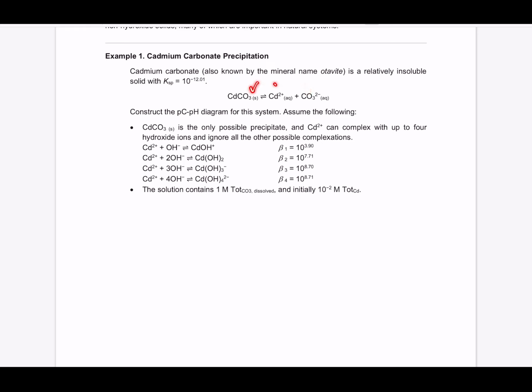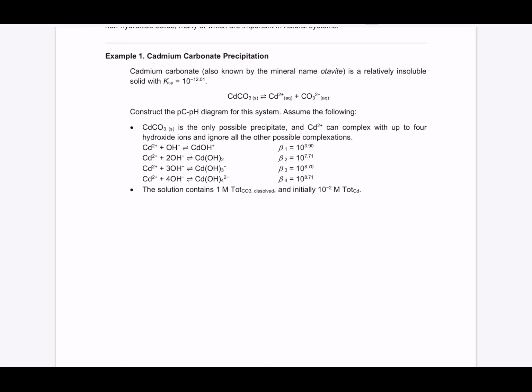So if this is the salt, these are the aqueous species. We want to construct the pC-pH diagram, considering these potential reactions for cadmium in the environmental system. I know this is not all the reactions that cadmium might undergo, but this is what we are mainly considering for this specific example.